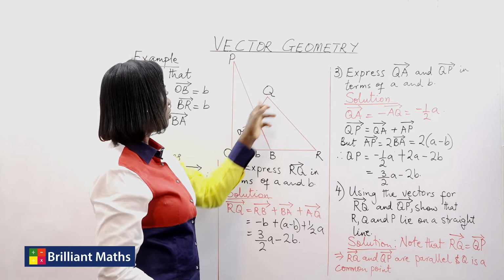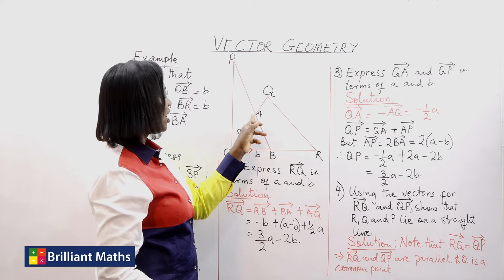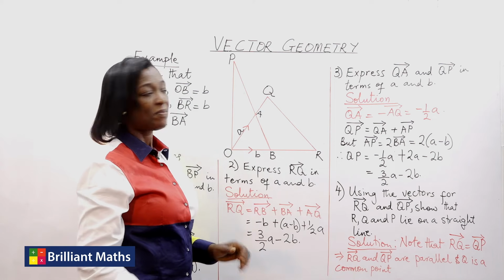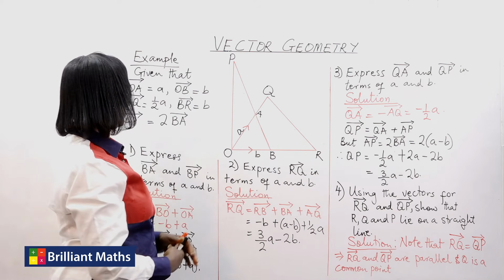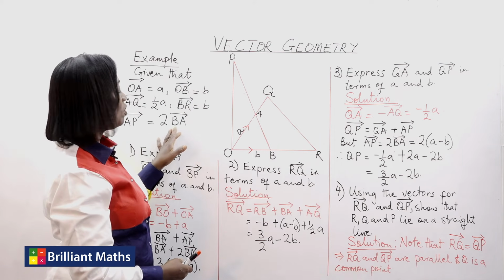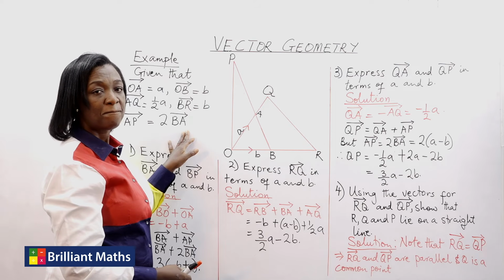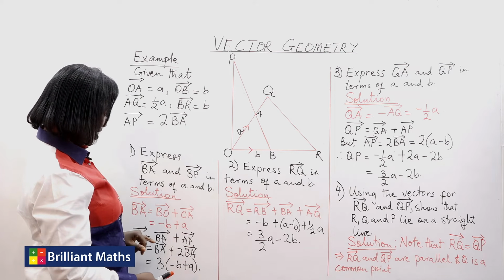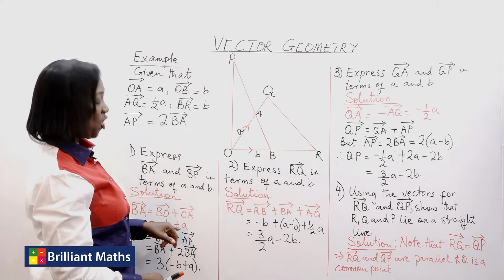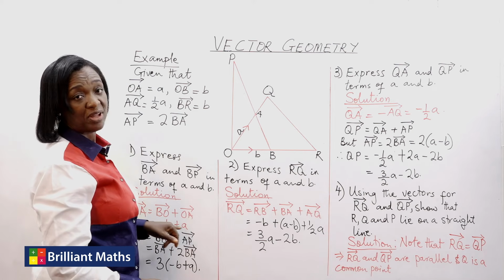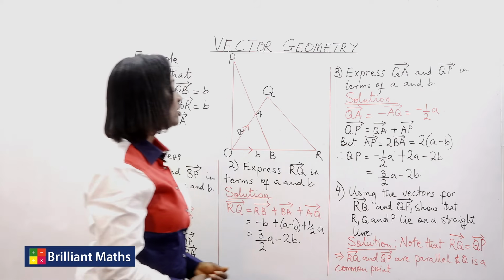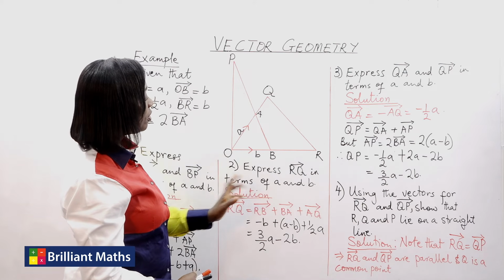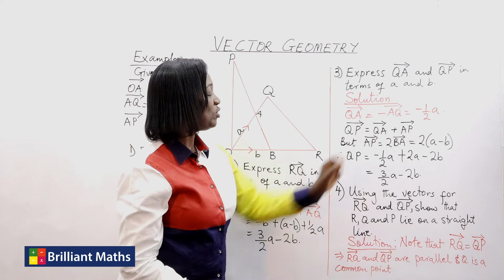And we know that AP was given as 2BA. And our BA is minus b plus a, or a minus b. So that's how it becomes 2a minus 2b. So AP is equal to 2a minus 2b.